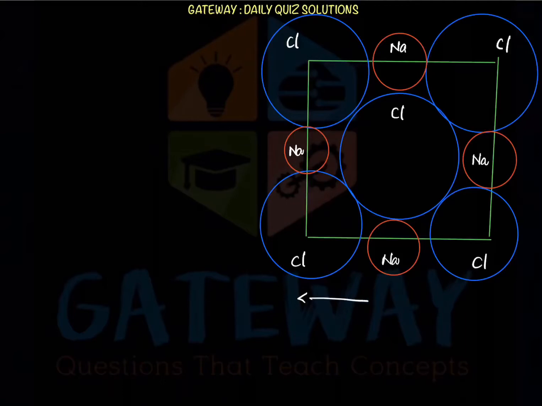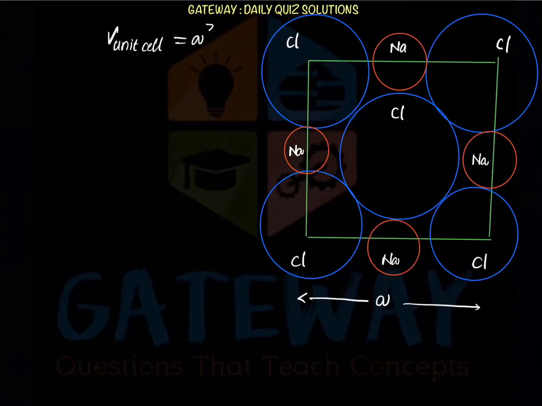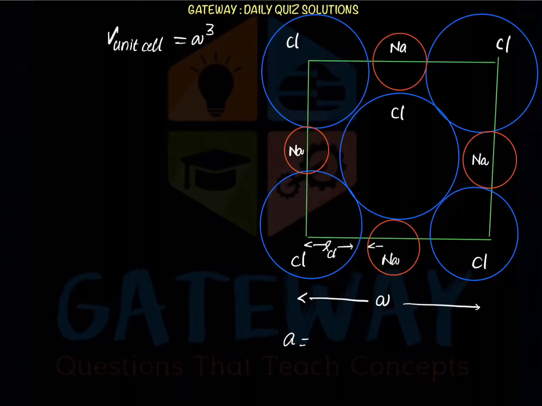Initially we will calculate the volume of the unit cell. Since we are using a cubic system here, the volume of the unit cell is a cube. So we need to know what a is. If you observe a, it is the radius of the chlorine atom, then 2 times the radius of the sodium atom, and again the radius of the chlorine atom. So a comes out to be 2 times the radius of chlorine plus 2 times the radius of sodium.